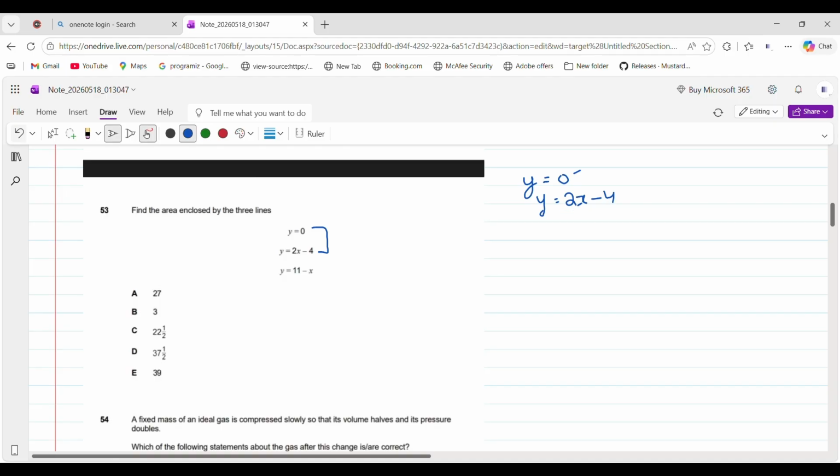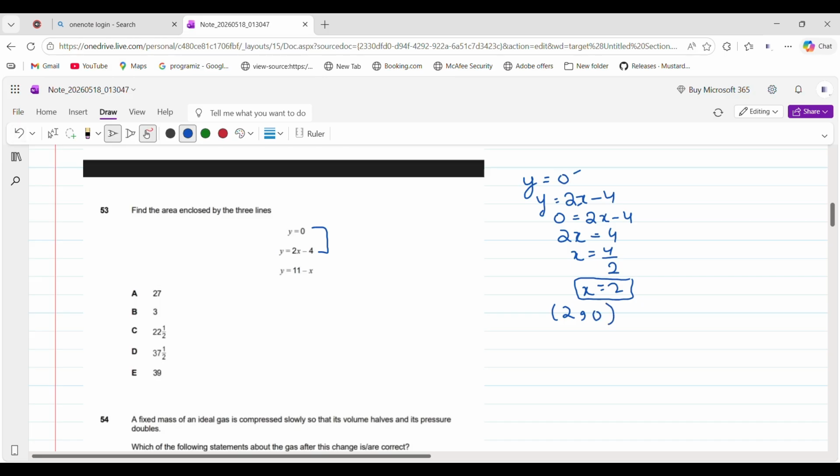So 0 equals 2x minus 4, 2x equals 4. When it goes over, of course it will be positive. Then x equals 4 divided by 2, which is 2. So we have our value of x. When x is 2, y is 0.